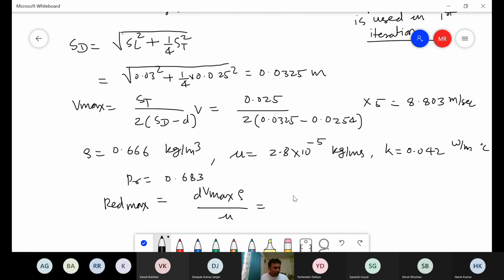We put all the values here: 0.0254 into Vmax, 8.803, into rho, 0.666, divided by 2.8 into 10 raised to power minus 5.